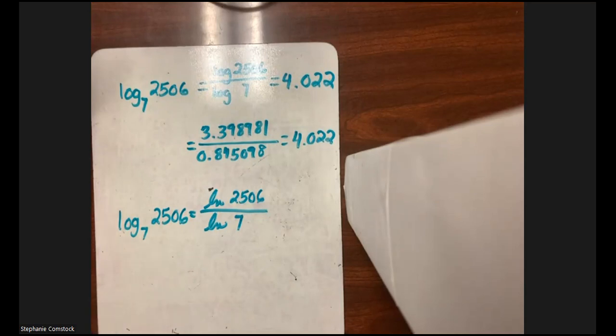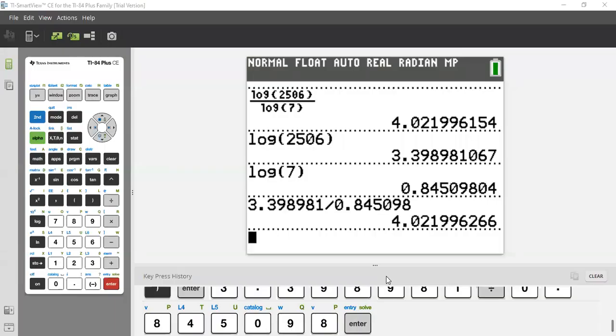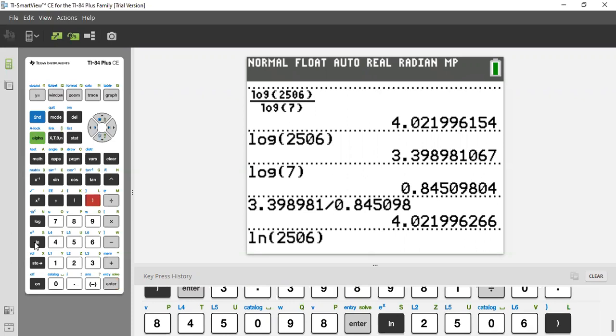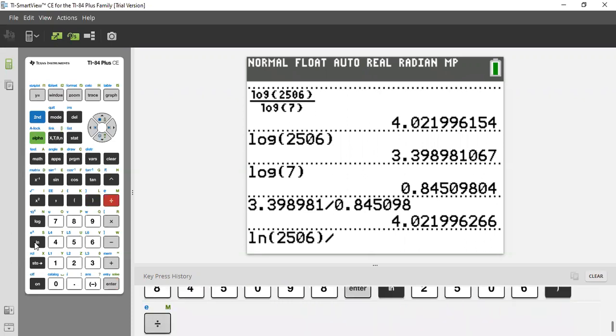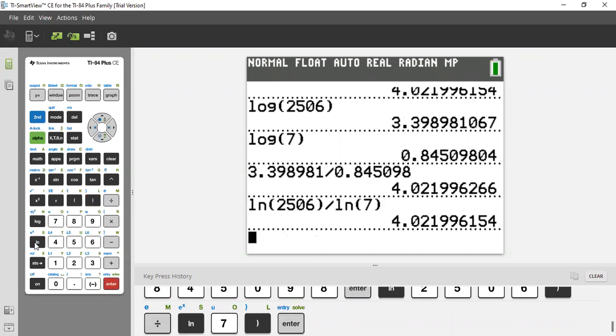So I'm going to bring my calculator back up. Now, we should be getting the same response of that 4.022. So I'm going to do natural log of my 2506. I'm going to close that set of parentheses, divided by natural log of 7. Again, close that set of parentheses. And I'm getting that same 4.02199.